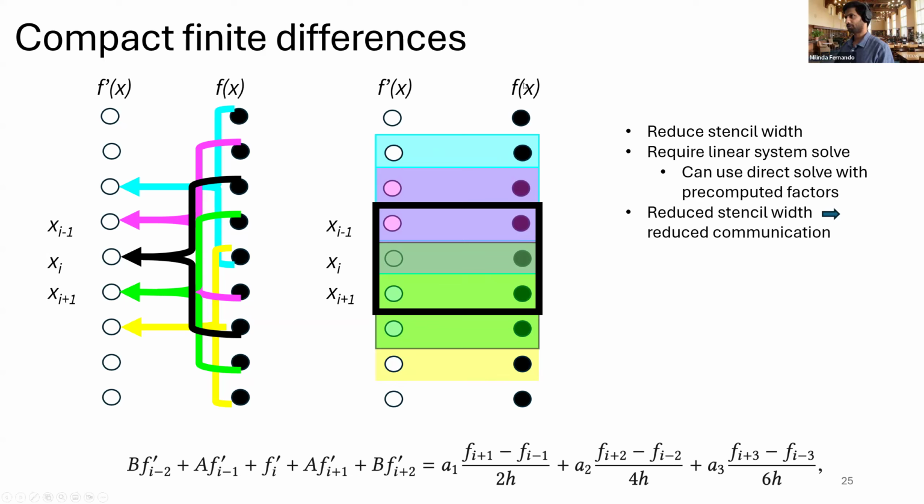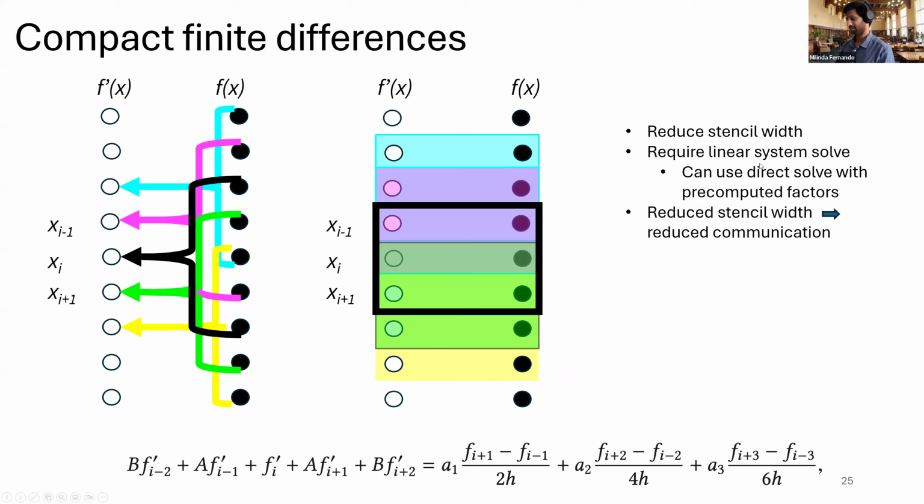So how do these compact differences reduce the stencil width? It's basically by involving the function derivative evaluation as well. So it becomes an implicit derivative evaluation, and this requires a linear system solve.